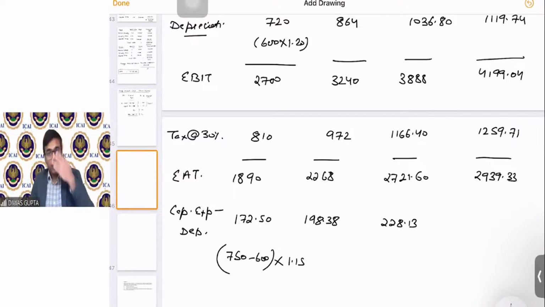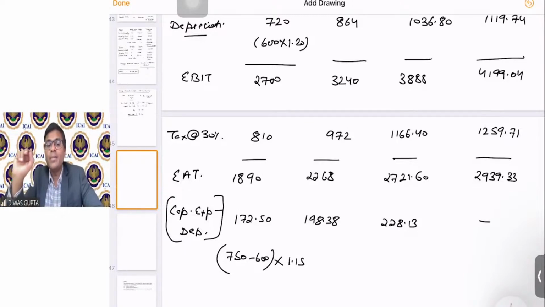And for the terminal value, it has been told to us that the capex is equal to the depreciation. So capex will get offset by depreciation. Simple. So this gives us the adjustment for capital expenditure to be done in earnings after tax. So students, some of you might be thinking, why are we doing capex minus depreciation? It's because of a simple reason.